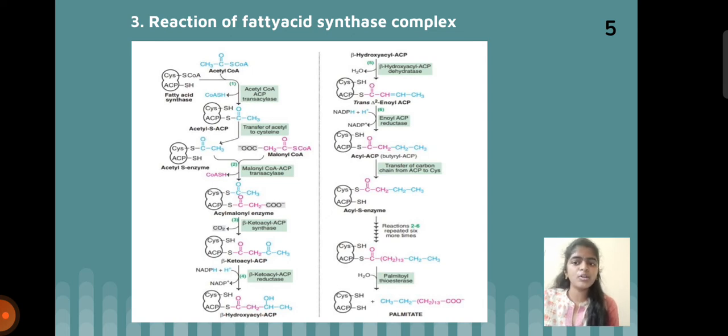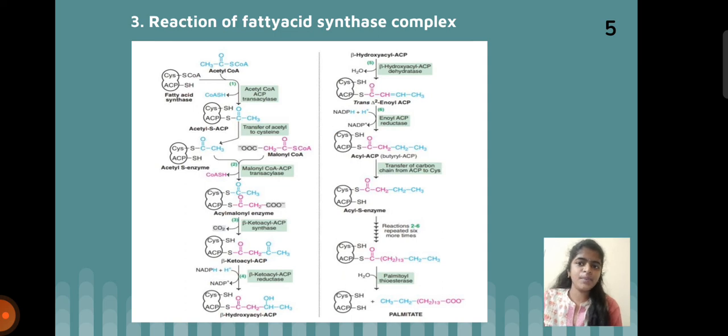The beta-hydroxy-acyl ACP is further converted into trans-delta-enoyl ACP by the enzyme beta-hydroxy-acyl ACP dehydratase. Here the water molecule is released. The trans-delta-enoyl ACP is further formed into acyl ACP by the enzyme enoyl ACP reductase. Here NADPH2 is oxidized to NADP+.